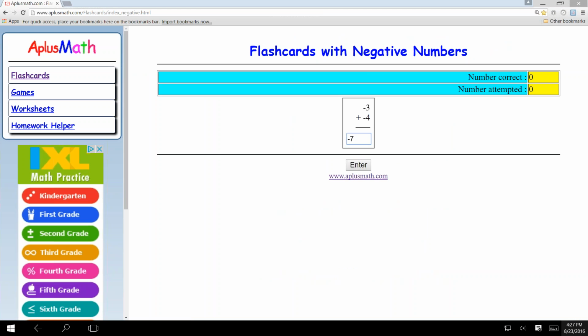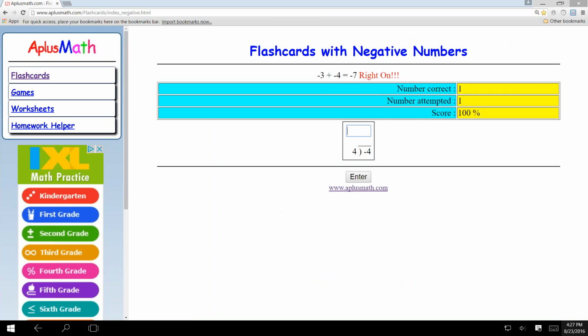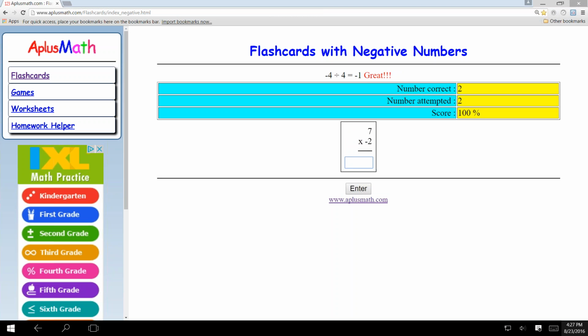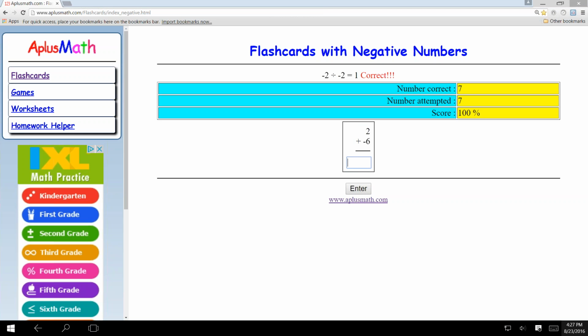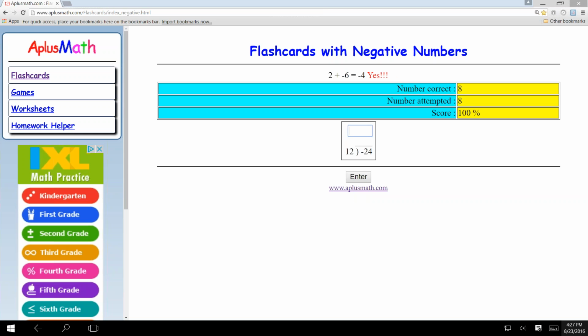-7. 0. Wait, -1. -14. 14. 0. -6. 1. -4. -2.